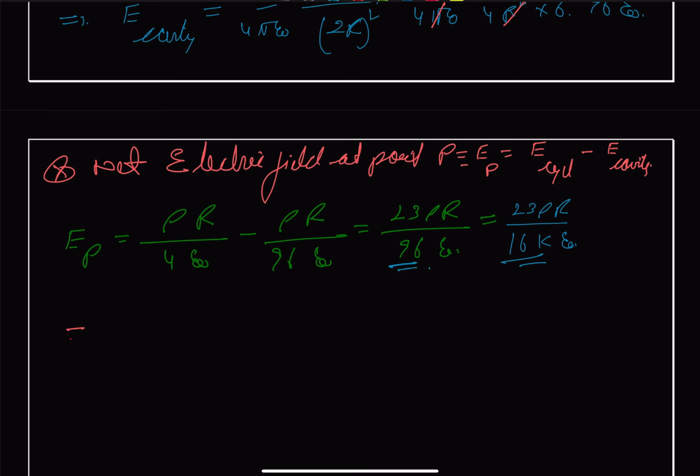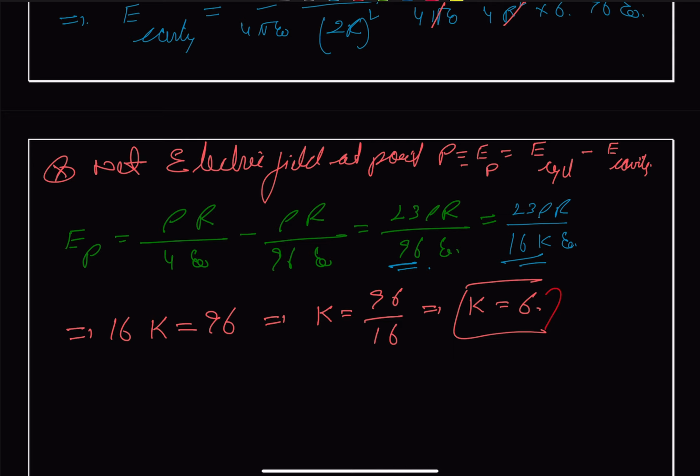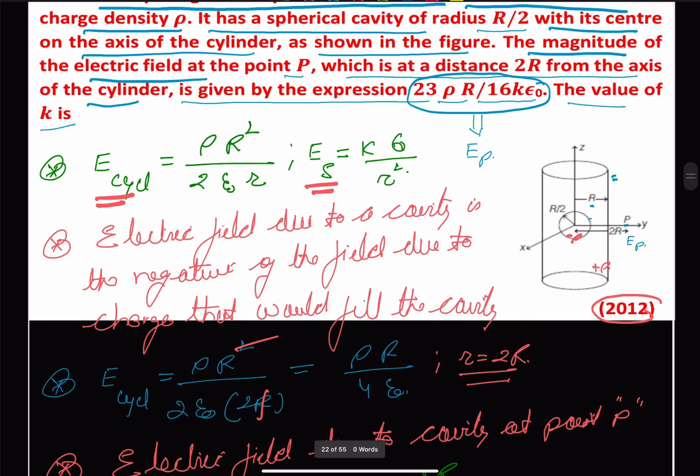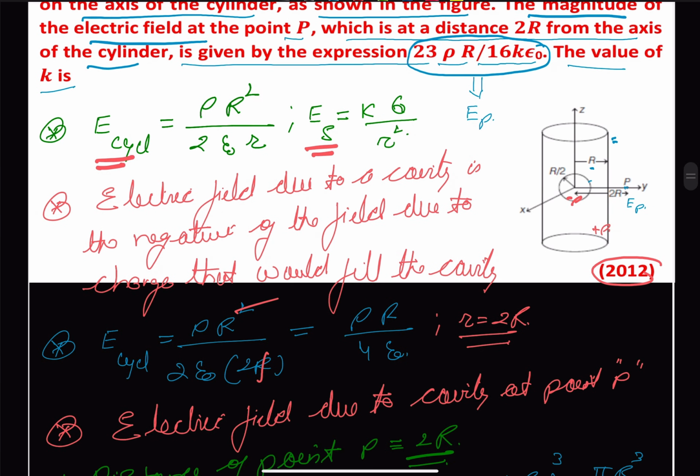From here, k will be equal to 96 upon 16, giving us k equal to 6. So the value of k is 6.